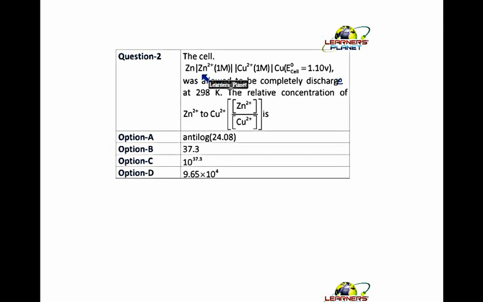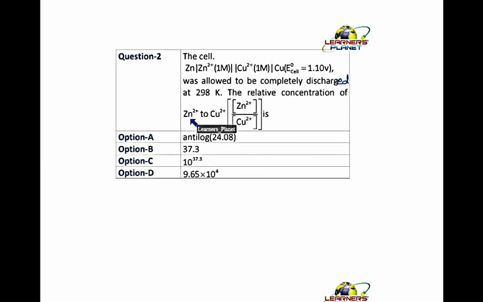This is an electrochemical cell, that is your zinc ions, copper, and the electrode potential of the cell is 1.10 volts. It was allowed to be completely discharged at 298 Kelvin.